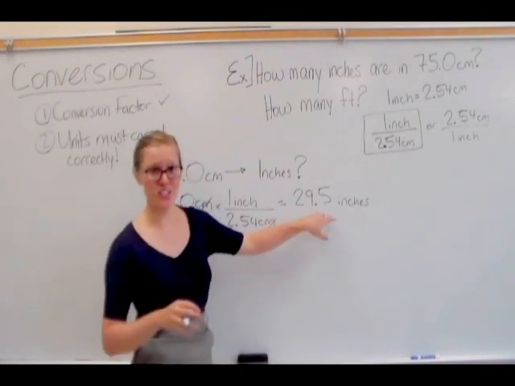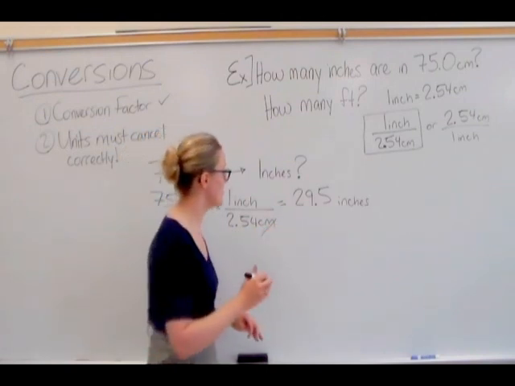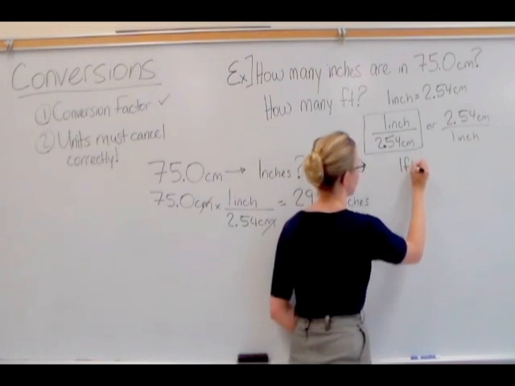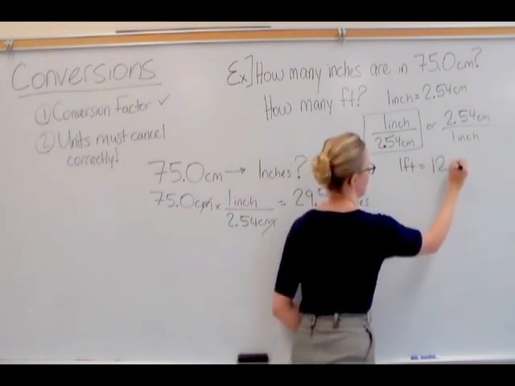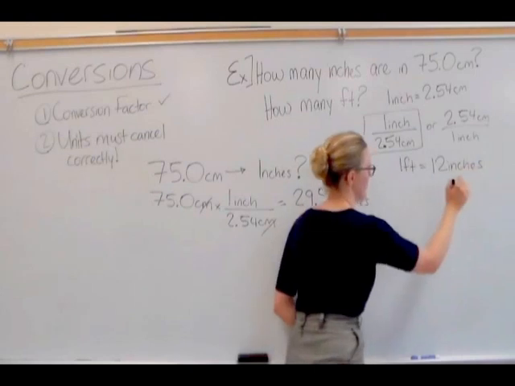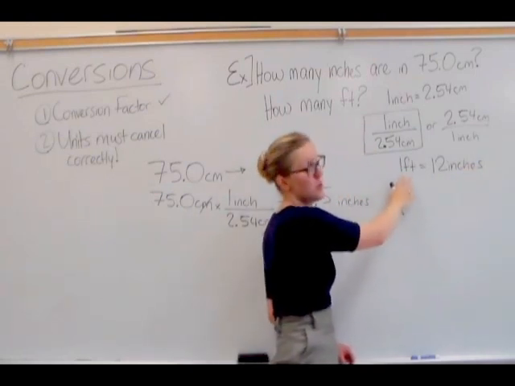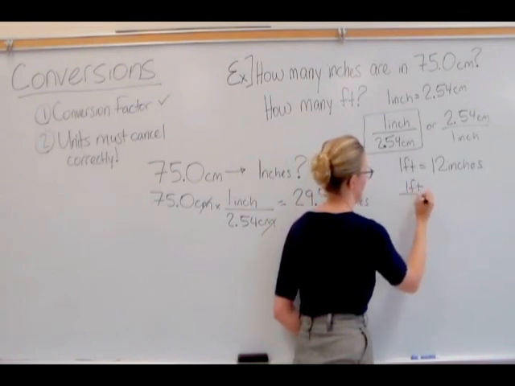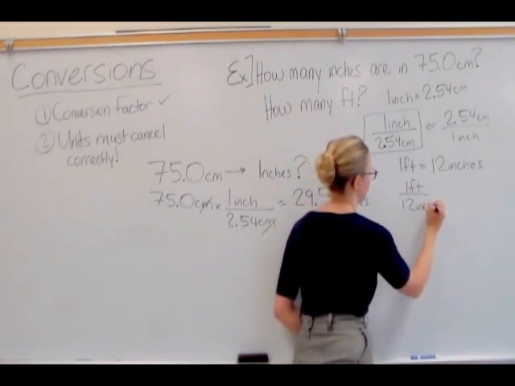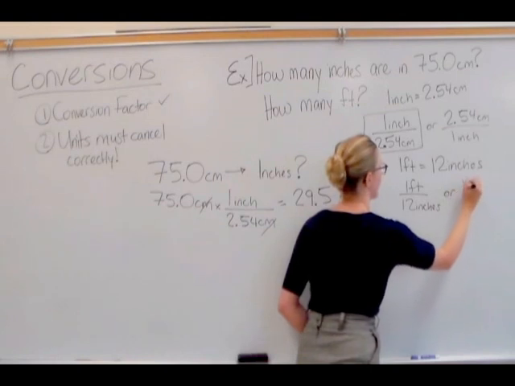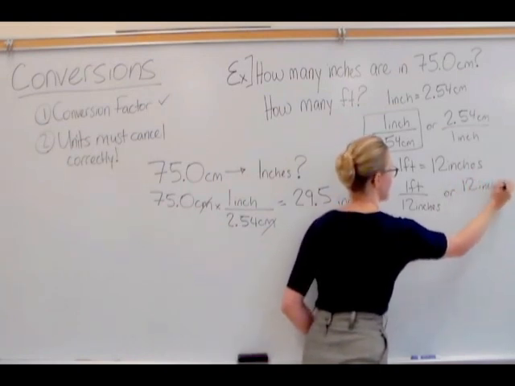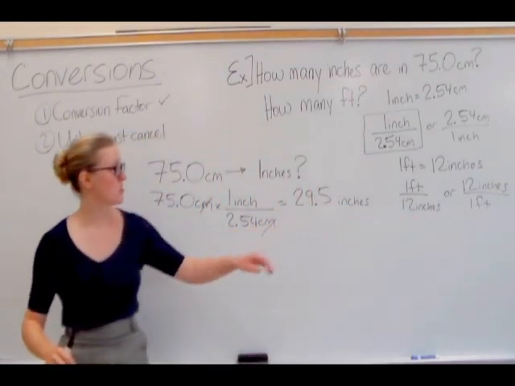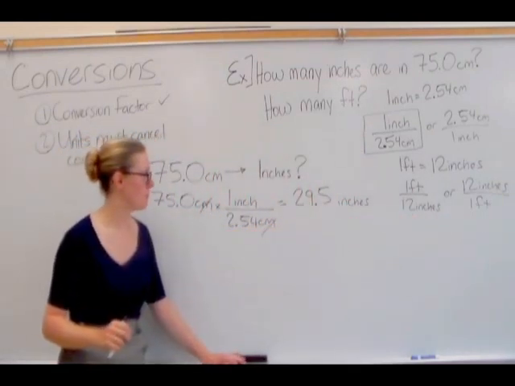So we already have inches here, and so now we need to look for a conversion factor to go from feet to inches. And that is saying that in 1 foot there are 12 inches. So we could write that like this, or we could write there are 12 inches in 1 foot. So those are the two ways we could write that.